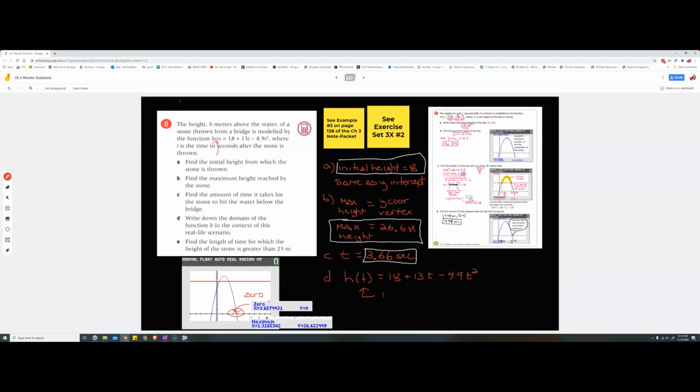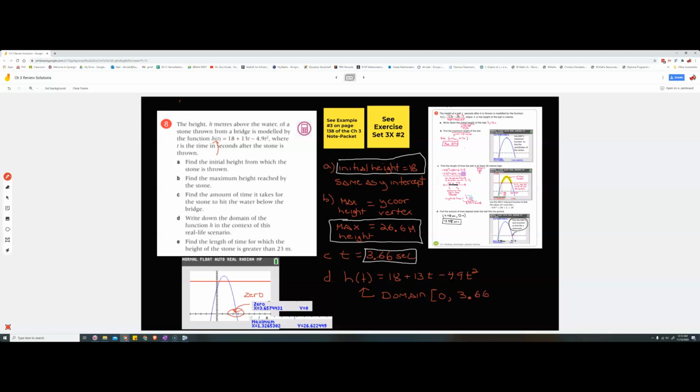Well, the domain, if we're working with a projectile, you can't have negative time. So our domain is going to include 0, because at 0 it's 18 meters above the ground, and then it is going to hit the ground at 3.66 seconds.